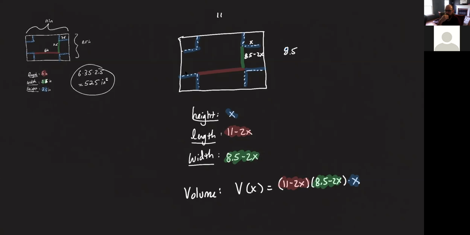Well, it's not going to be able to be greater than 9.5 or 11. It certainly couldn't be more than 8.5. That is an upper bound. I think we could say it's actually much smaller than that, though, because it's 2x.